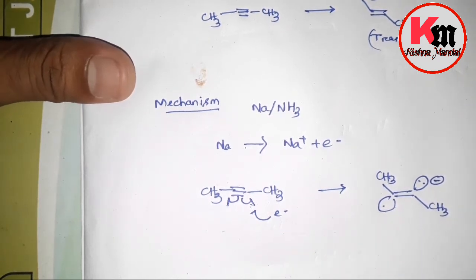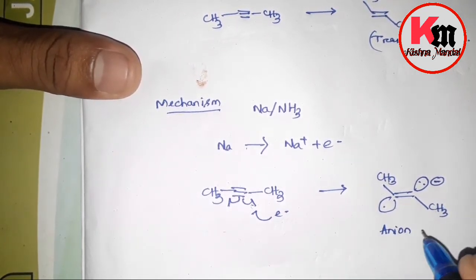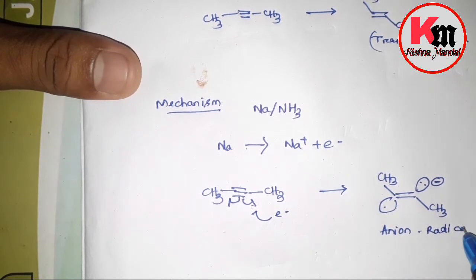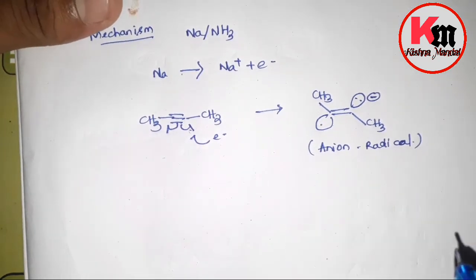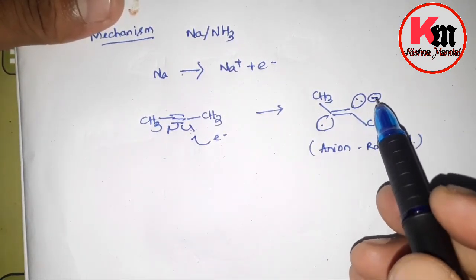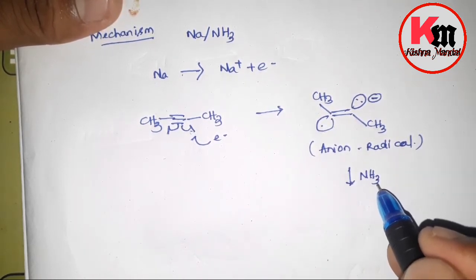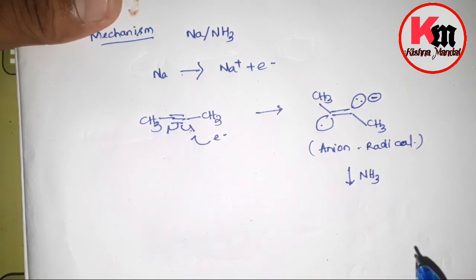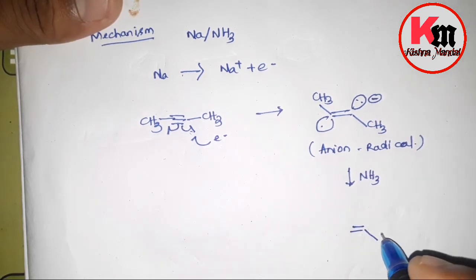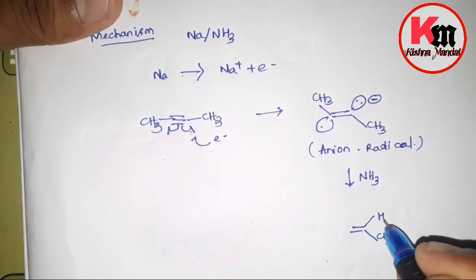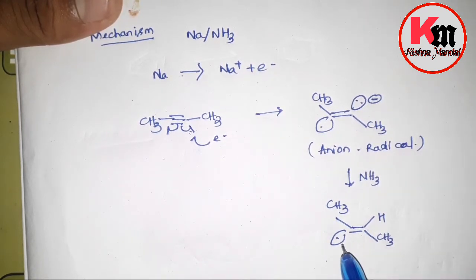So it forms simply an anion radical. This species has a negative charge. So what it does is it simply takes one of the hydrogens from the ammonia molecule. So simply it forms a C-H bond. Here there is only one electron.